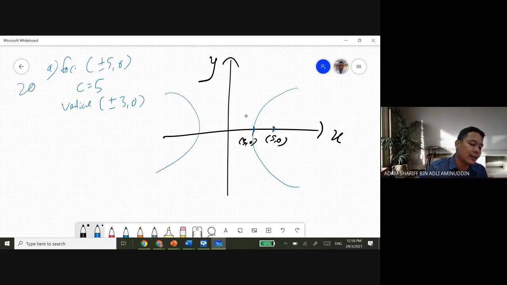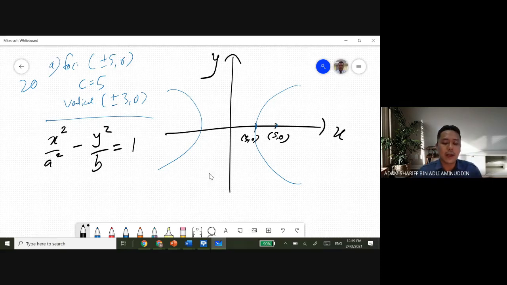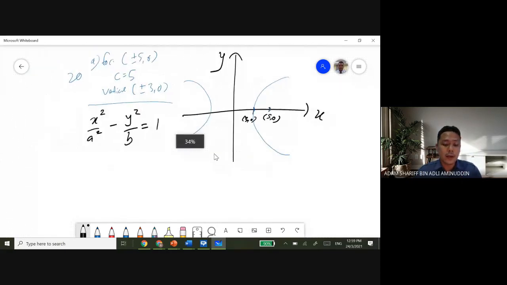20A. So again, you need to rewrite the equation. It asks for the equation. So because this is in terms of the horizontal shape, so we know that x squared over a squared minus y squared over b squared is equals to positive 1. Dia mesti positive 1 kalau bentuk macam ni. Kalau bentuk equals to negative 1, then it should be vertically lah. Okay.